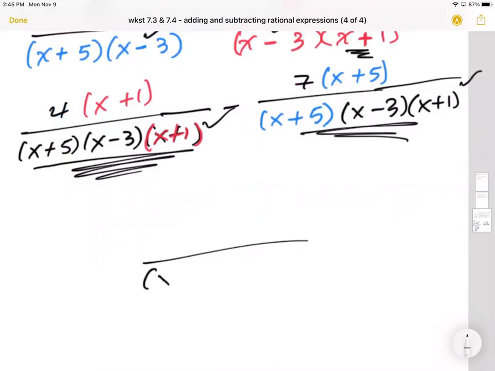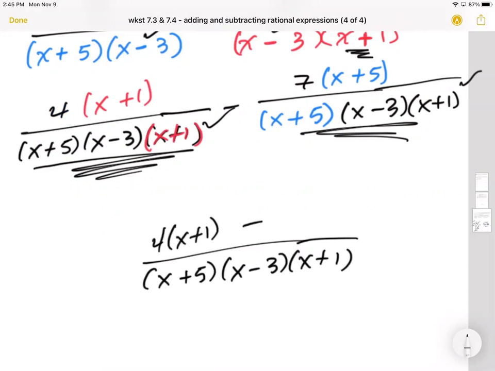And if the denominator is the same, then all we need to do is keep one of the denominators and combine the numerators. This is what we have if we keep the denominator x plus 5, x minus 3, x plus 1, and combine the numerator, which is 4 times x plus 1 minus 7 times x plus 5.